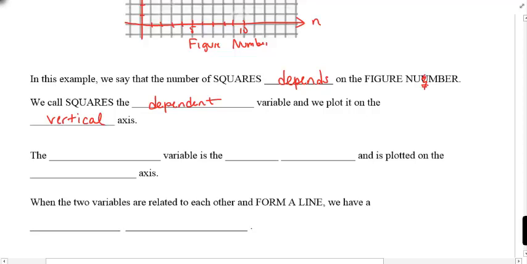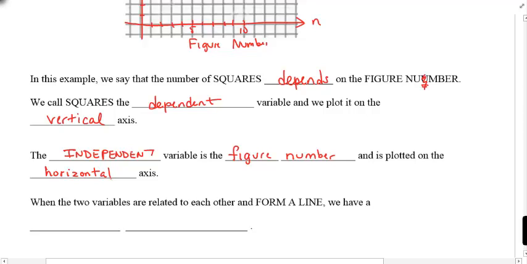You might have seen this in science as well, or even last year in grade 8 math. The independent variable in this case is the figure number, and that is plotted on the horizontal axis.